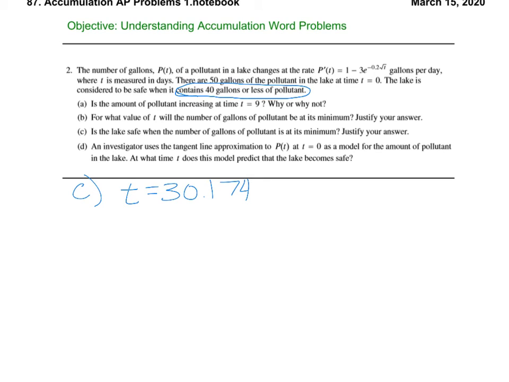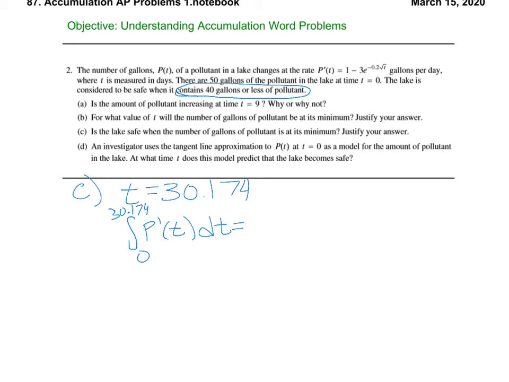If we have the derivative and want a total amount, we're going to integrate. So it's the integral of p prime of t from 0 to 30.174 dt. Again, we're going to use our calculator. I'm making a video on how to do this, so watch that video also.